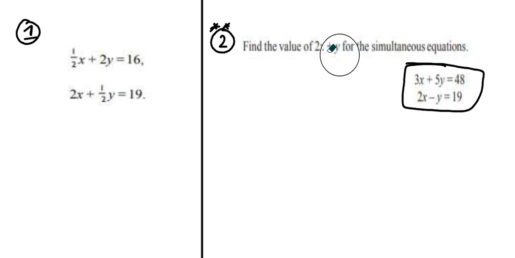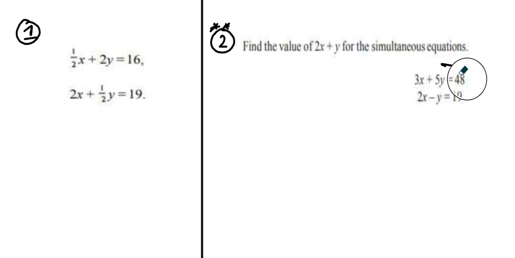Now, let me check if the substitution method will be easy for me. The substitution method in this question will be possible, but it will take my time. Let me go to the elimination method. Let us start removing x. So 3 goes here, 2 goes here, because these two numbers are different, so we have to make them the same.